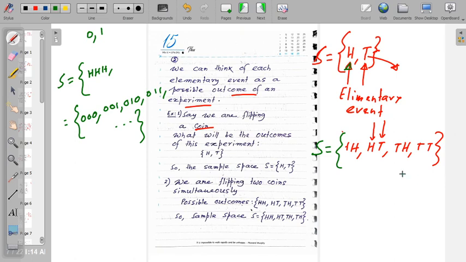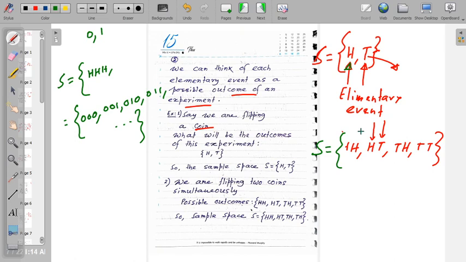But when a new problem comes to us, we fumble. Even I fumble. So I think understanding the sample space is a big thing in probability theory, because once we understand the sample space, then everything is done.